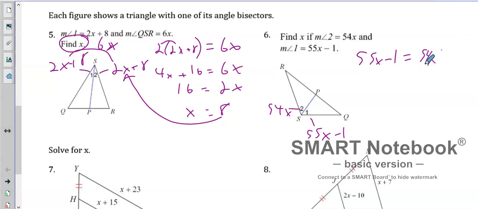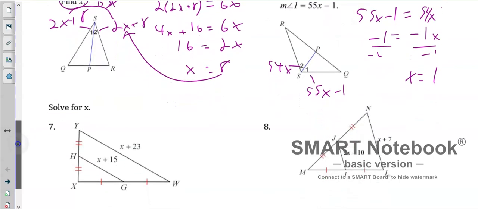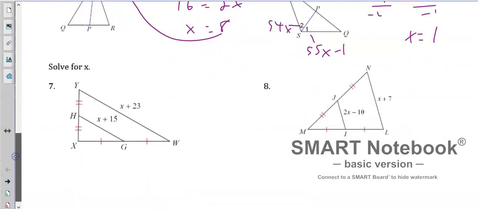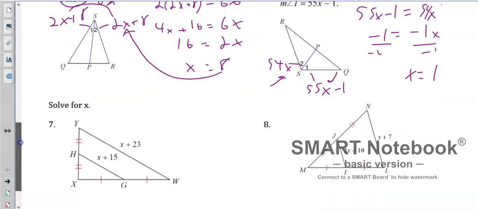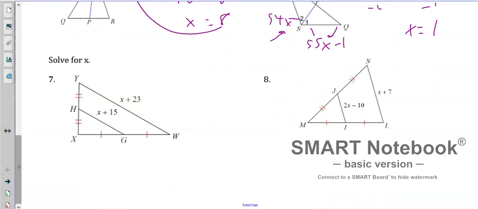I'm going to subtract 55x and get negative 1 equals negative 1x. Divide by negative 1, x equals 1, and that's my answer. And again, I could plug in 1 here and plug in 1 here and get 54 equals 54 to prove that I got it right.